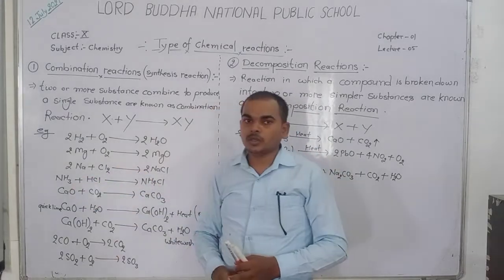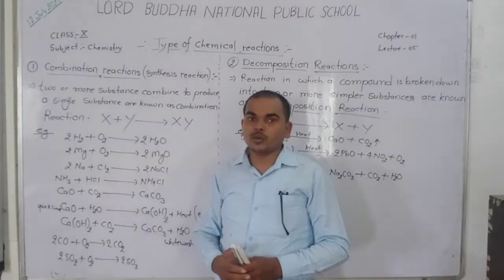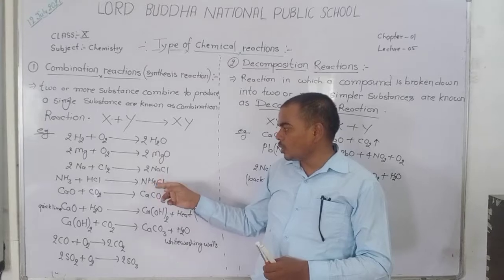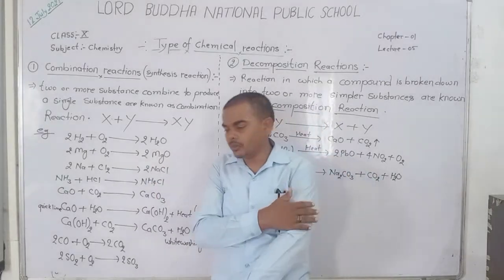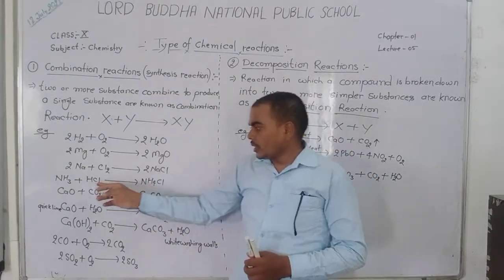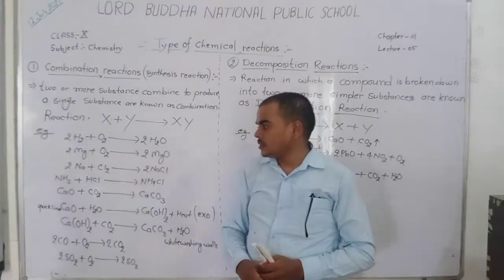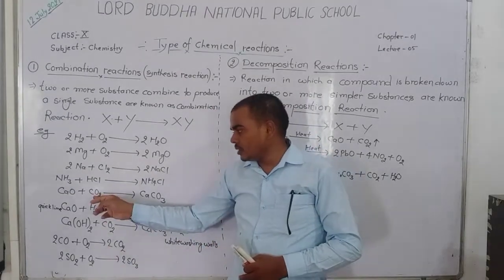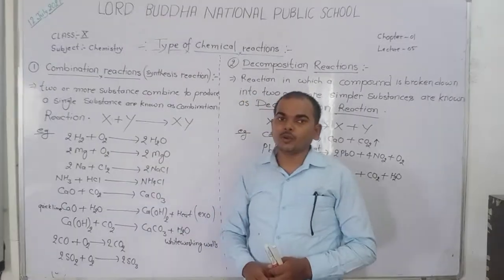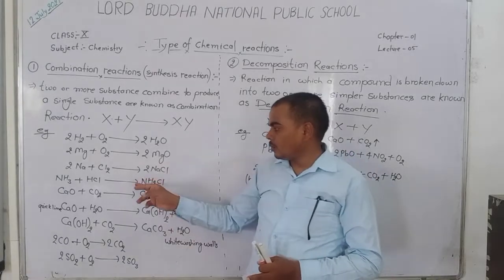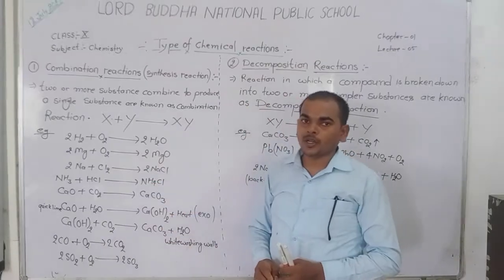NH3 compound combines with HCl compound and produces a new compound, NH4Cl. The compound calcium oxide combines with the compound carbon dioxide and produces the compound calcium carbonate.